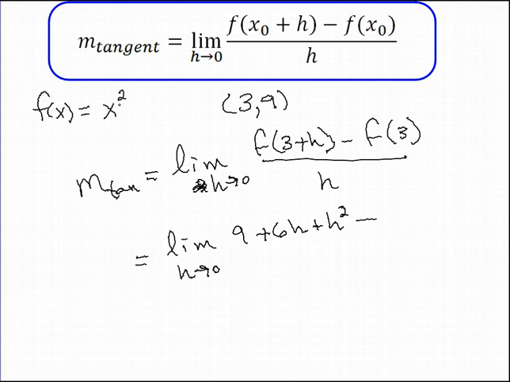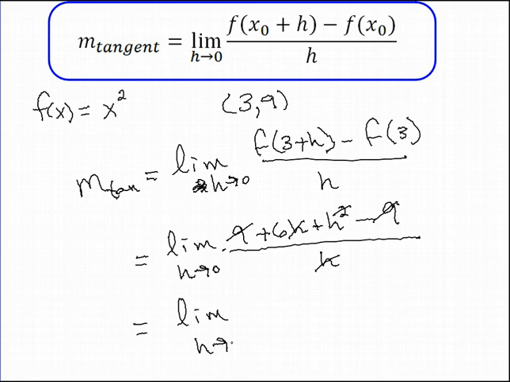We know when you put 3 into x squared, we simply get 9. And all of that is still over h. Now, we can simplify things here. 9 minus 9, those go away, and the h cancels with the h with the 6, getting rid of one of those h's. So we're left with the limit as h approaches 0 of 6 plus h. Well, if h is going to 0, then that goes to 0, and we're left with 6.